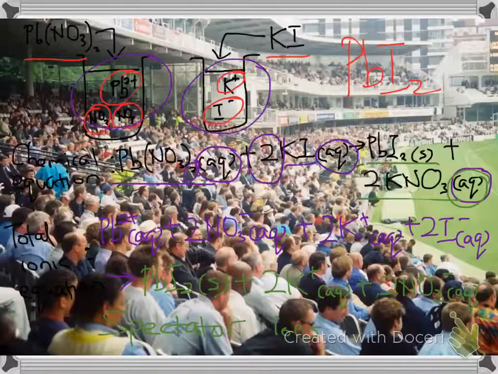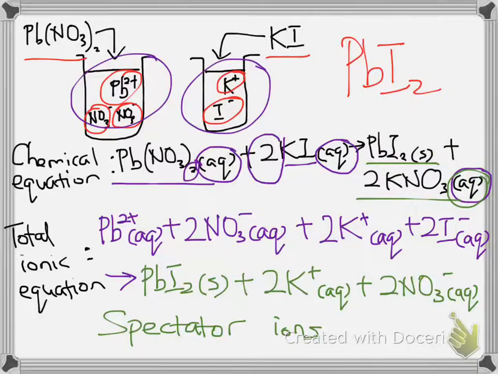Now, how does this apply to the writing of an ionic equation? So let's go back to the ionic equation. Here in an ionic equation, we will also want to identify the spectator ions.